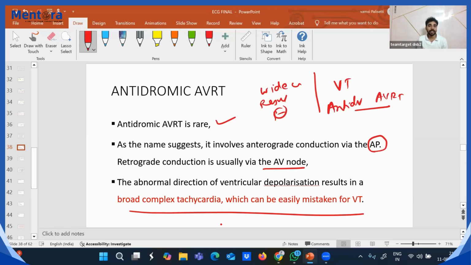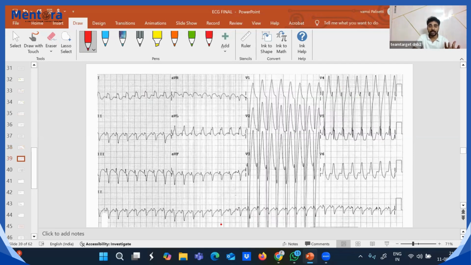So if you get a wide complex, regular, no P waves, treat like VT. Why? I will discuss in the management issues. After treating like VT and correcting the rate, then maybe you see the ECG. If you can see a delta wave, then it's WPW, then you can say, oh, it is not VT, it is AVRT. Then retrospectively in conclusion you can say so, but always treat like VT. Why? I will tell you later.